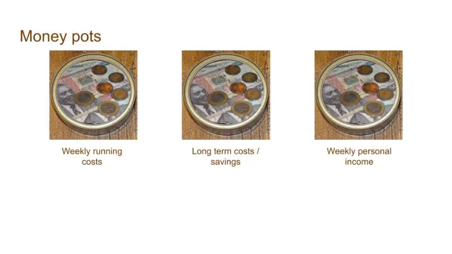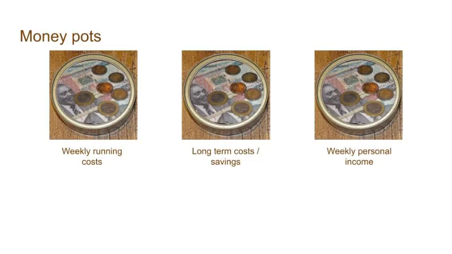So the first money pot is for all of your weekly running costs, and we'll see what goes into that pot in a little bit more detail shortly. The second money pot is for long-term savings and other costs, and again we'll think a little bit more in detail about that.